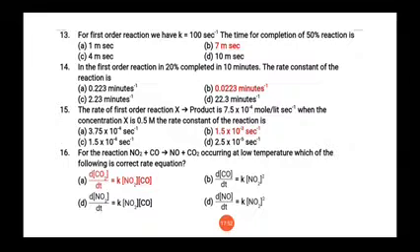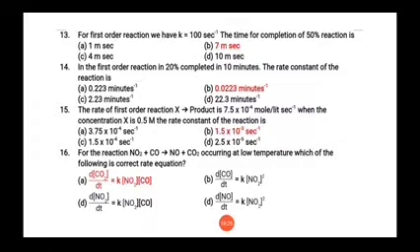Question number 15. The rate of a first order reaction, that is X gives product, is 7.5 into 10 raised to minus 4 mole per liter per second. When the concentration of X is 0.5 molar, the rate constant of the reaction is? So again, rate is given to you. So you can write rate is equal to minus dR by dt is equal to K into concentration of reactant.